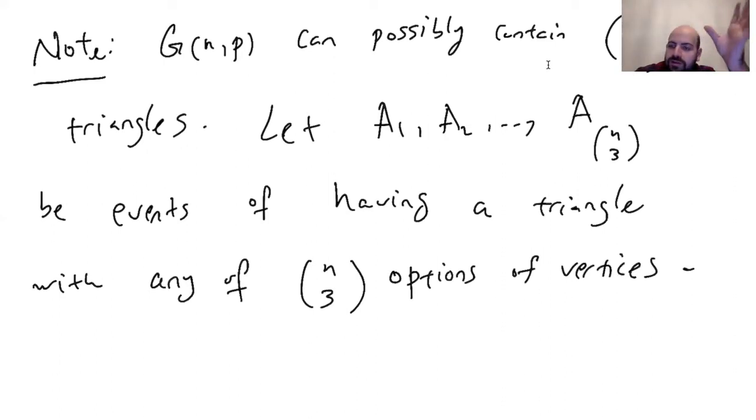So for example, with vertices 1, 2, 3, I can have a triangle there, possibly. A1, I'm considering to be the event that I have a triangle with vertices 1, 2, 3. A2 is the event that I have a triangle with vertices, for example, 1, 2, 4. So in total, I have n choose 3 events, A1, A2, all the way to A sub n choose 3.